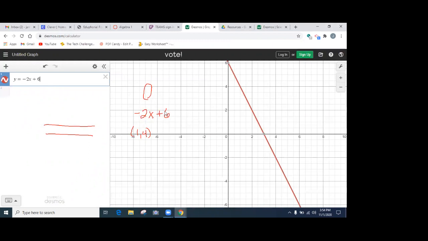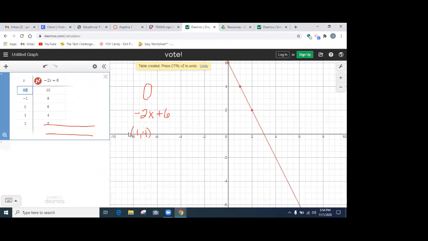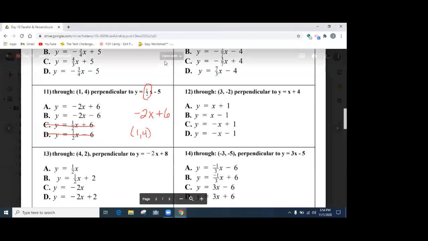So y equals negative 2x plus 6. I'm going to hit the table, and we're looking for 1, 4. Does that say 1, 4 right there? Yep, sure does. So this is my answer, and I typed in plus 6. All right.